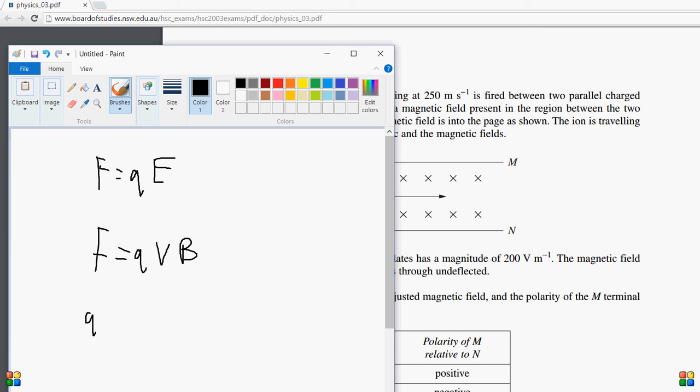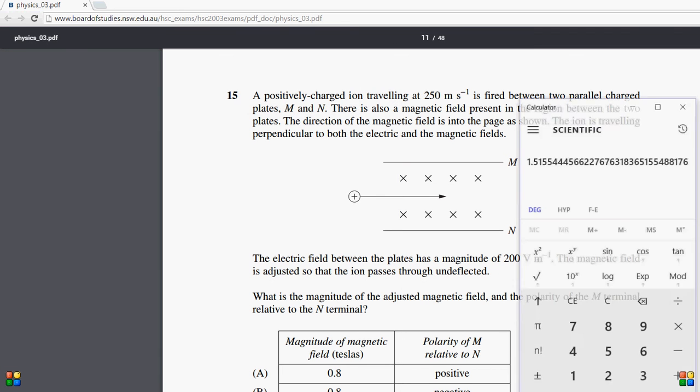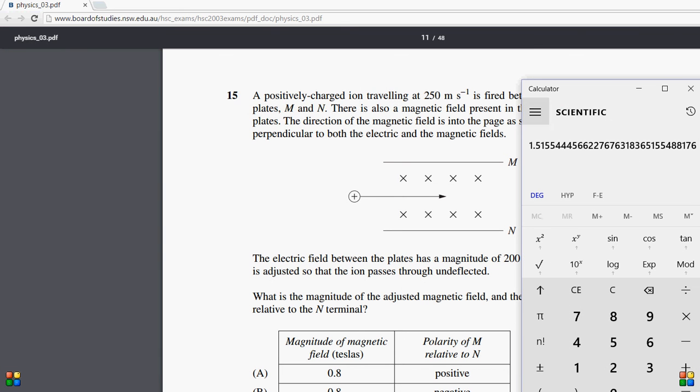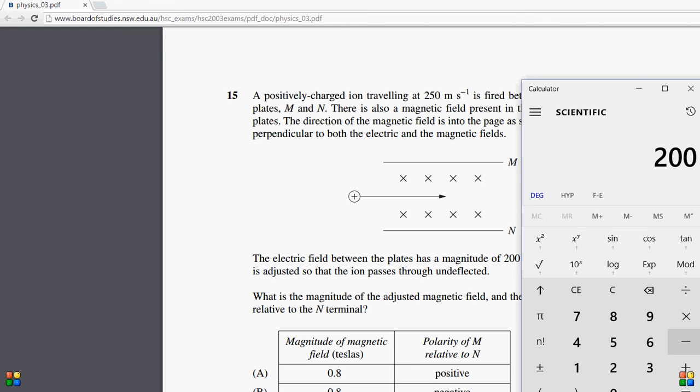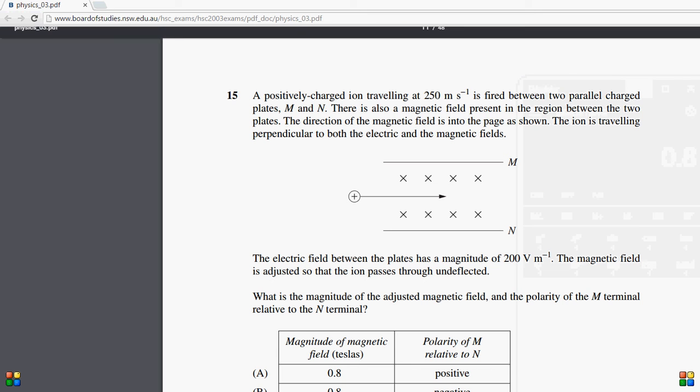We get QvB, where v is its velocity, is equal to QE. The Q's cancel out, and we get B is equal to E over its speed, velocity. So let's do that. Its electric field strength is 200, and divide by 250, and we get 0.8 teslas.